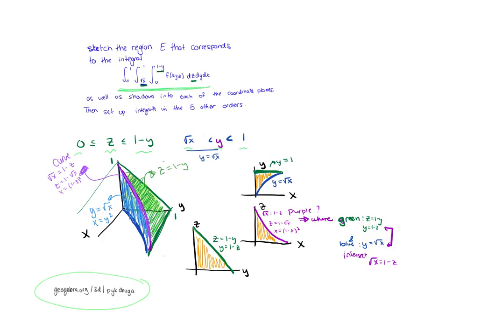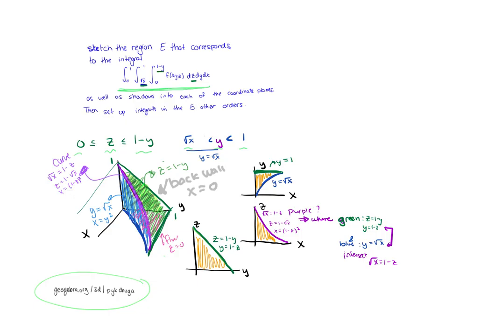So there's the floor. I'll make that pink. I'll call that the floor. That's z equals 0. And then there's the back wall. I'll make that just sort of gray. It's kind of hard to see, but I'll call that the back wall. And that's where x equals 0.